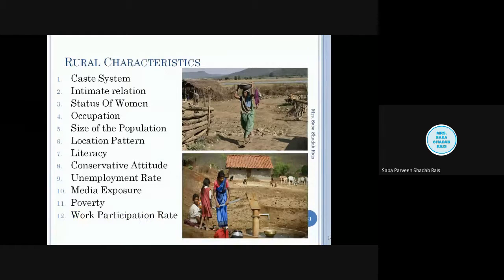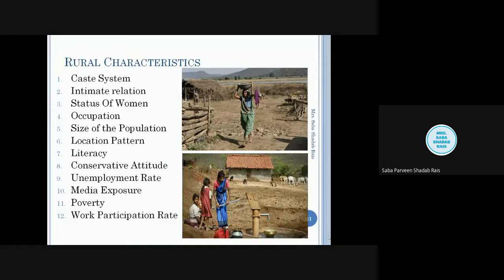When we talk about the work participation rate, what is it? It is the ratio of total workforce to total population. Note it down.